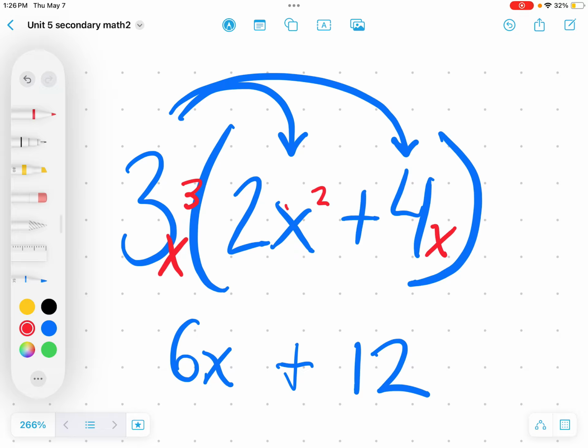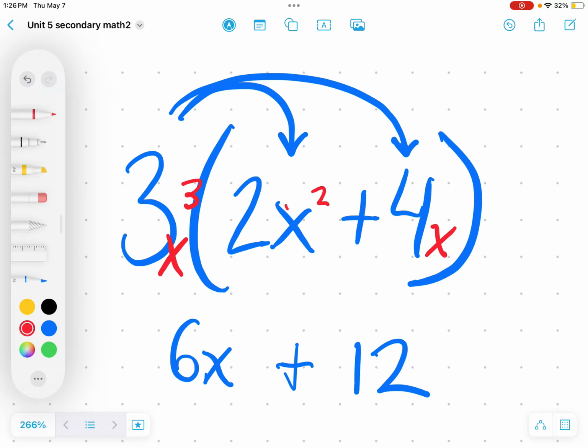How is that going to change my answer? 3 times 2 is still 6, but what do we do with the exponents? You multiply the coefficients, but you add the exponents. So this would be 6x to the 5th, and this would be 12x to the 4th, because there's an invisible 1 there.